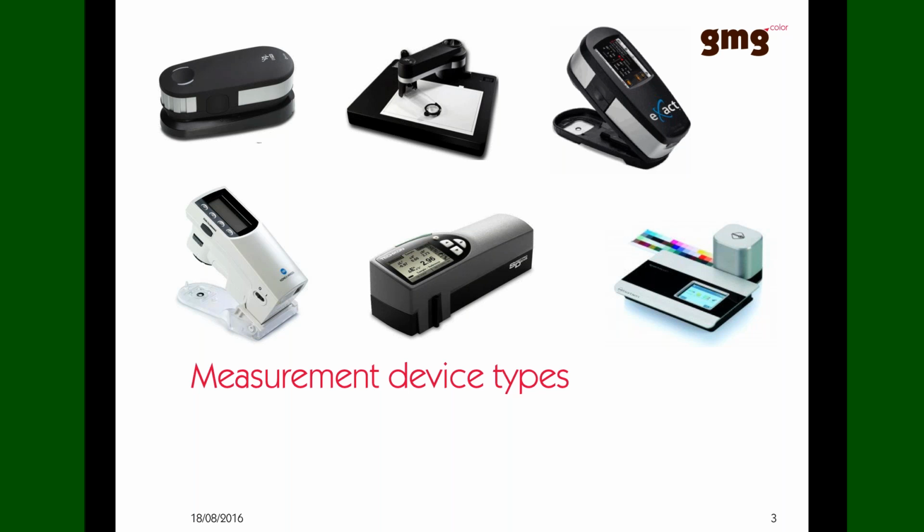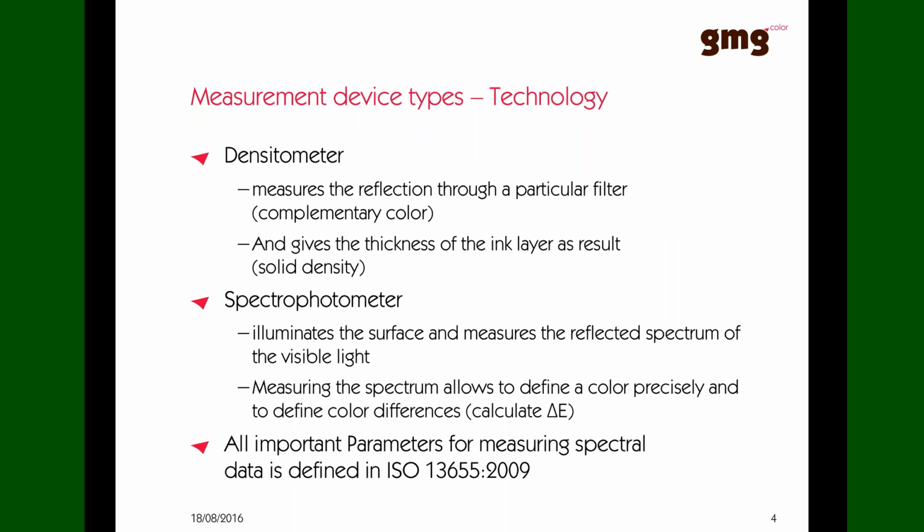And now let's start with the measurement device types. So basically, there are a few different measurement device types. So for example, there is a densitometer. A densitometer measures the reflection through a special filter, and it gives you the thickness of your ink layer as a result.